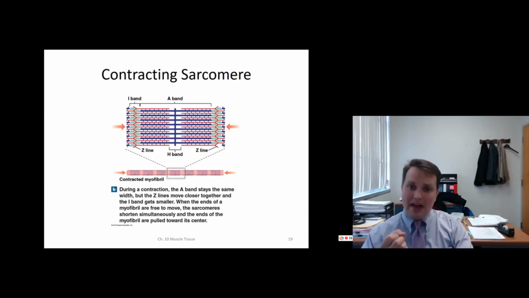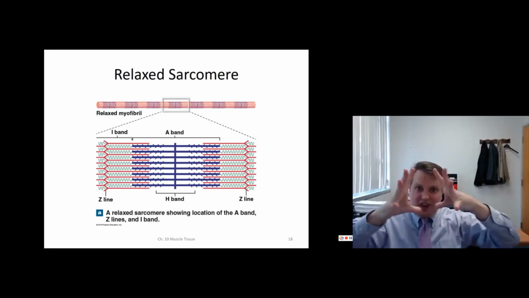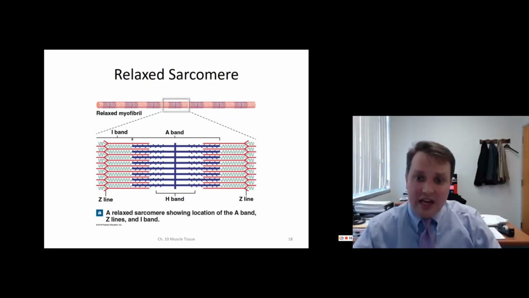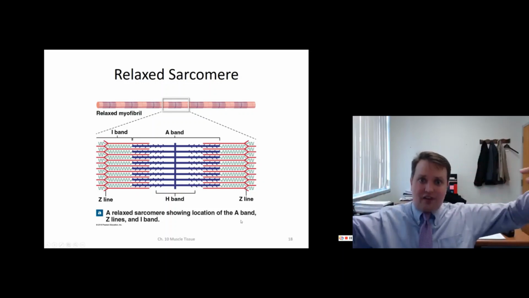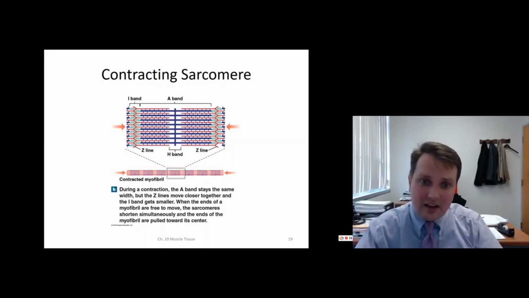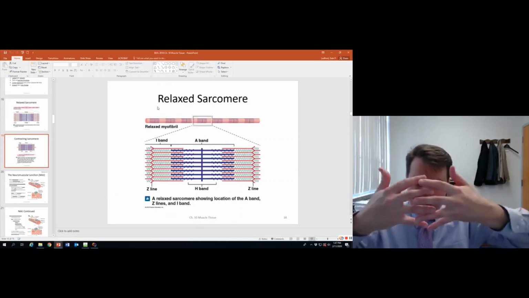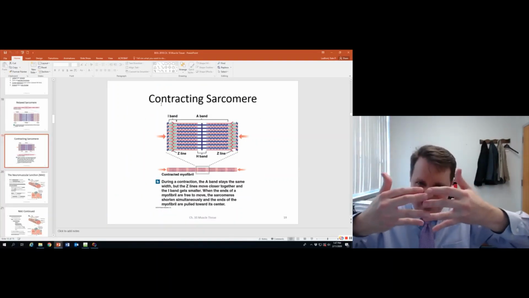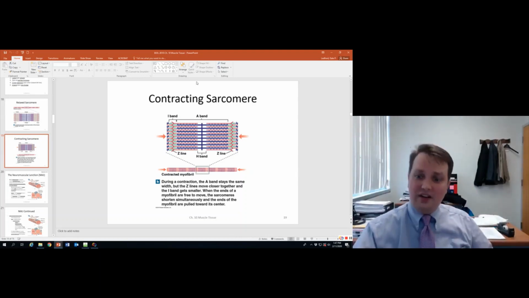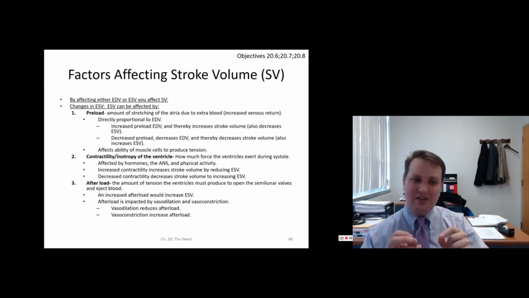Now, if, for example, we took this sarcomere and stretched it, when the atria stretch with blood filling, it's going to pull the thin filaments further from the thick, so that when it tries to contract, it can't contract as much, and it's going to make that contraction less. If you can imagine taking this and pulling it apart so it can't effectively contract, that's what preload does. It affects the ability of muscle cells to produce tension, because they're stretching.